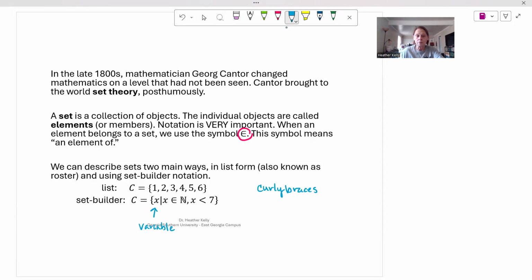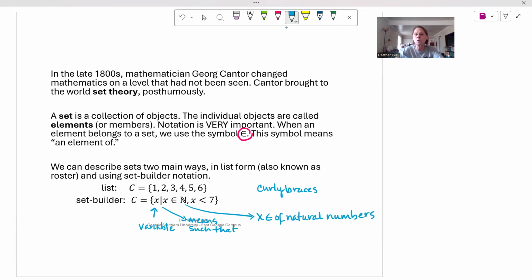such that this straight line means "such that." And this piece here says x is an element of the natural numbers. And we're familiar with the natural numbers. That's really all we've been working with so far.